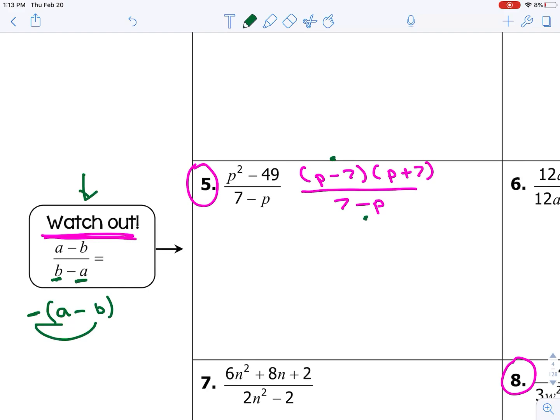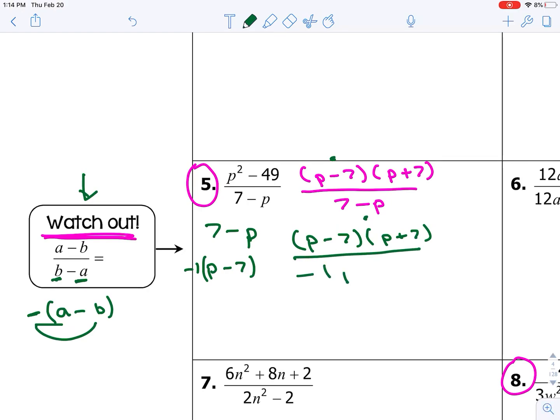So taking that to the problem that we have over here, I'm going to take 7 minus p. I'm going to rewrite it as p minus 7, and I'm going to factor out a negative 1 in front. So rewriting that into the entire problem, I have p minus 7, p plus 7 over negative 1, p minus 7. And now that everything is in the correct order, I can eliminate my common binomial factors.